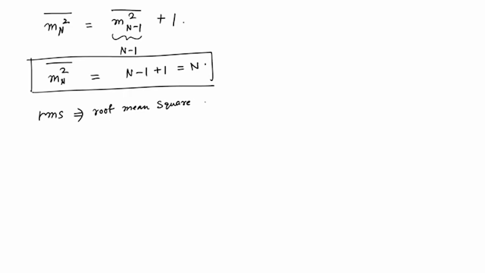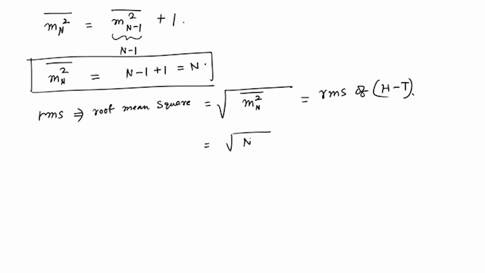So, this is equal to the square root of m n square average, and this is nothing but the RMS of h minus t, okay, and this is equal to root n. Okay. And again if you take the relative dispersion, then it will go as 1 by root n.